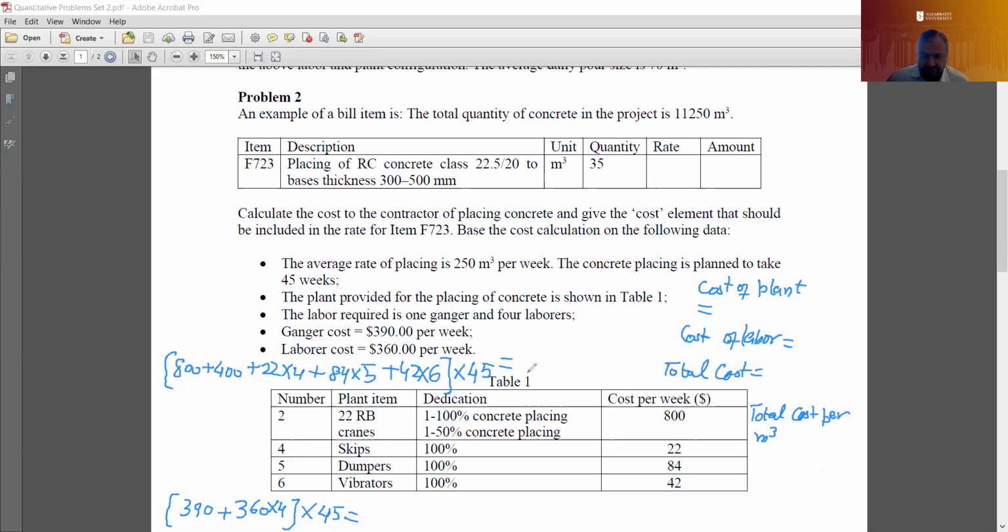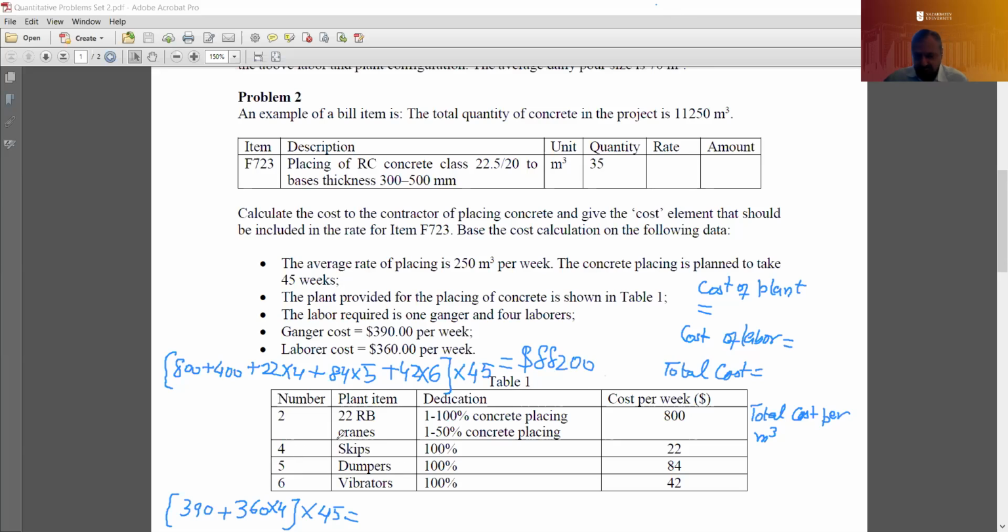Okay, so what is this value? This will be 88,200.